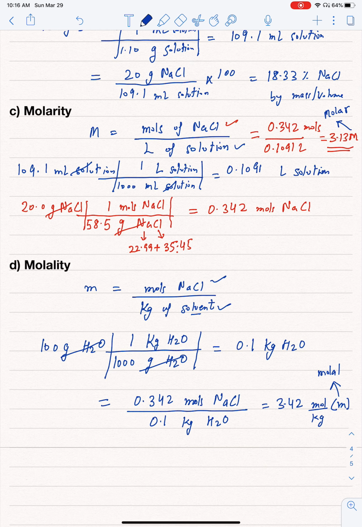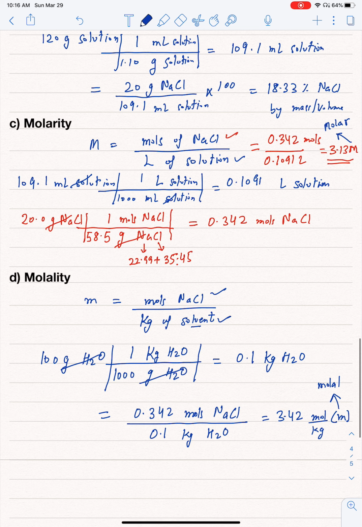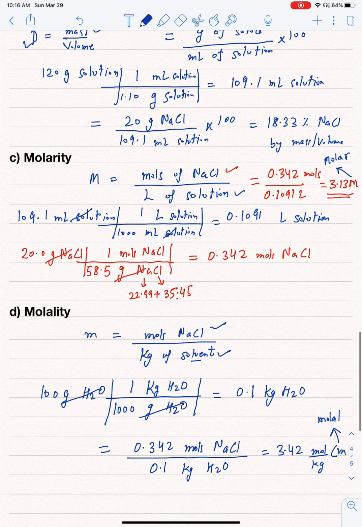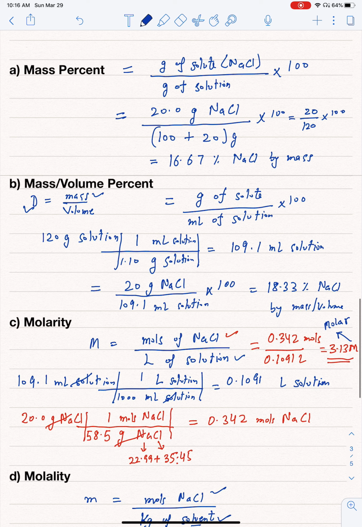You can see how the molality and the molarity are actually close to one another. The molarity is 3.13 and the molality is 3.42, just like the mass percent and the mass volume percent.